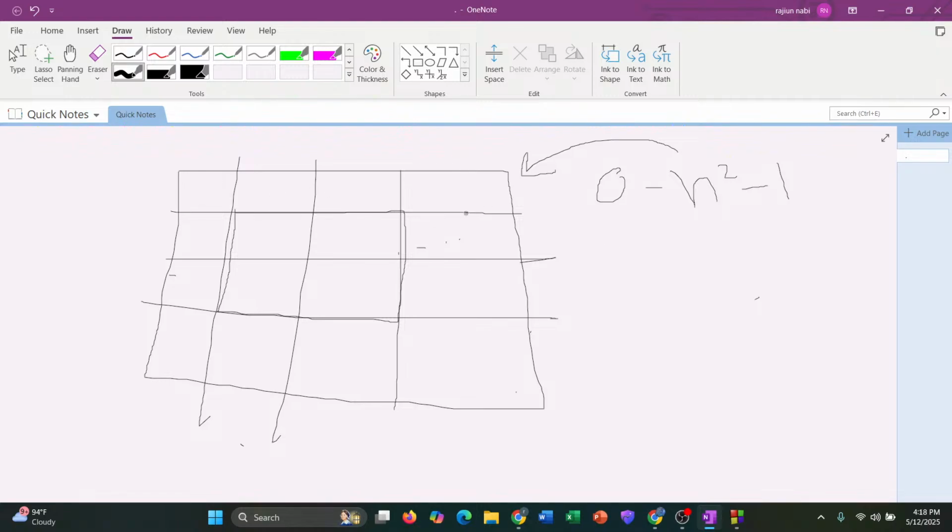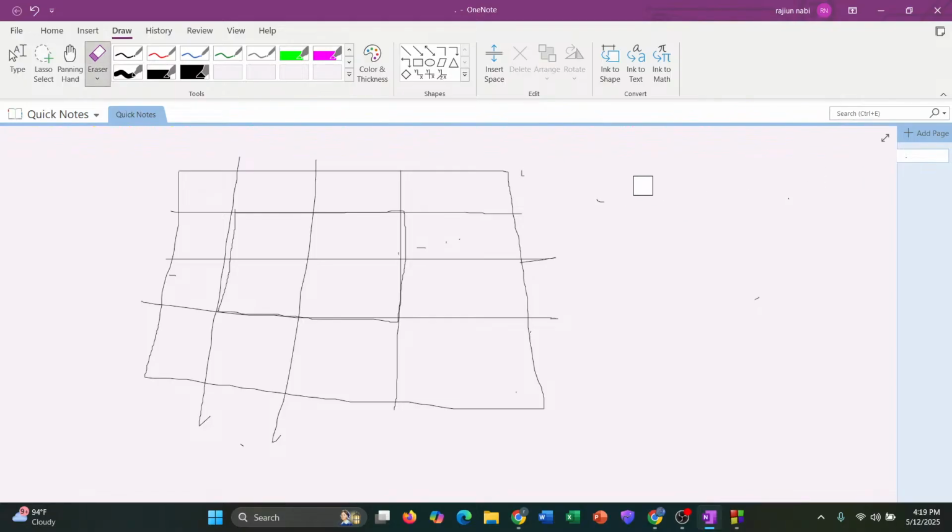Rearrange the numbers in the grid in some particular way, such that the summation of the max of all possible subgrids in the grid is maximized. So how many subgrids are present in this grid?